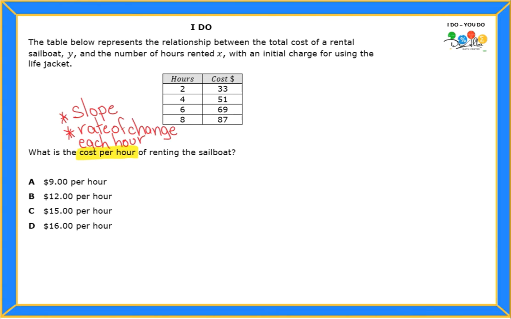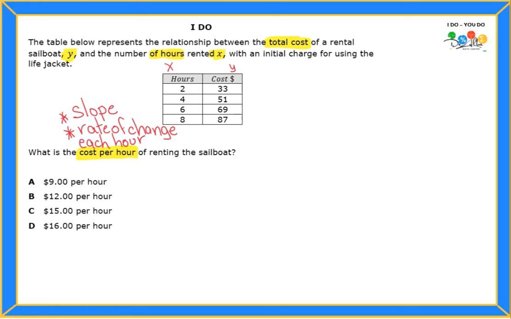So what else is given to me in the problem? Well, it's telling me that the total cost will be represented on the Y and the hours will be represented with X. So now let me go ahead and write my labels here. So hours is X and cost is Y.